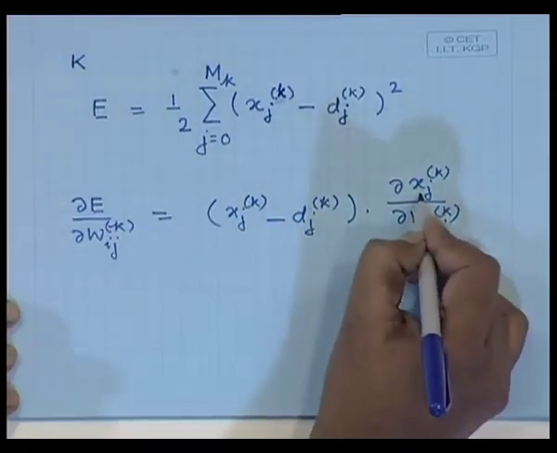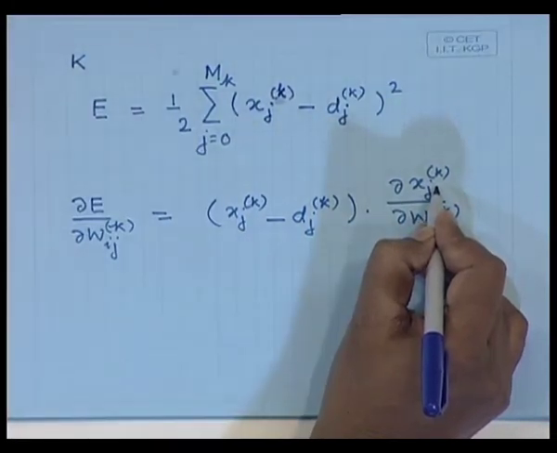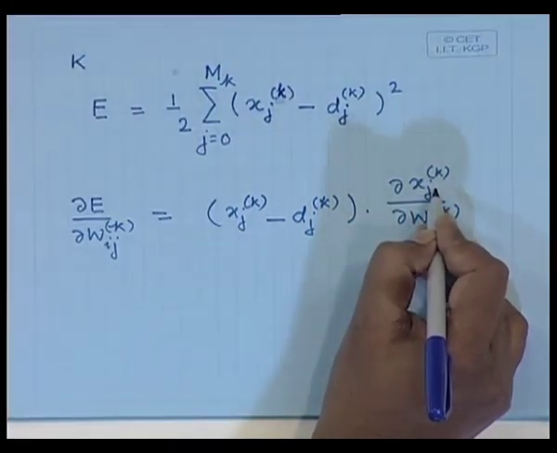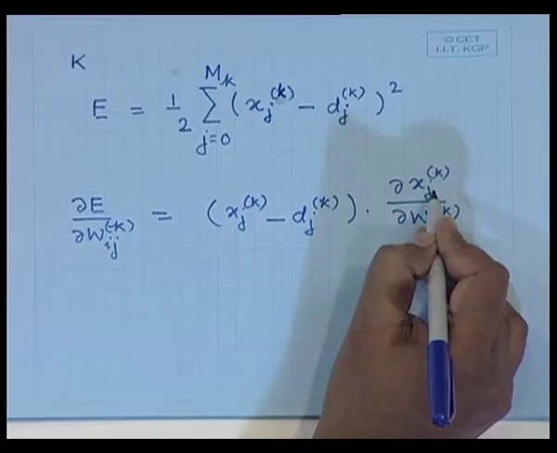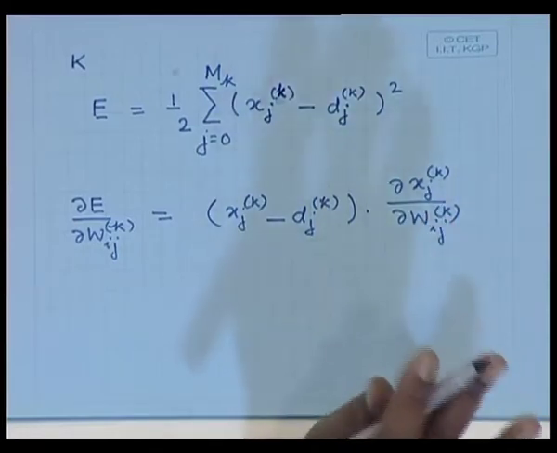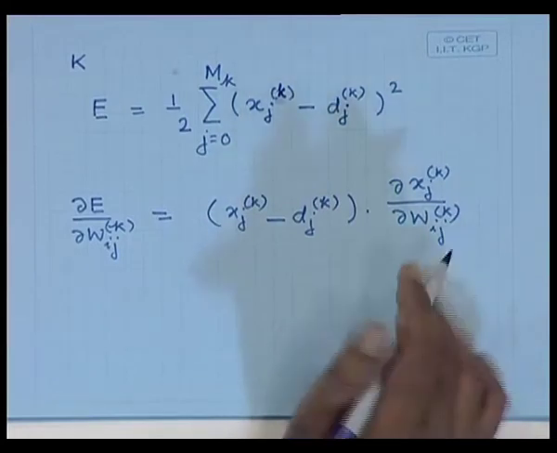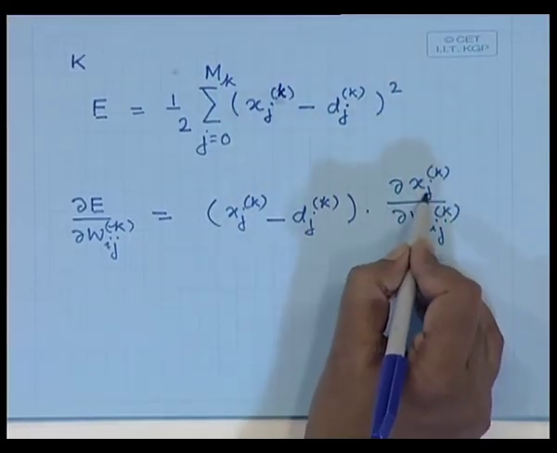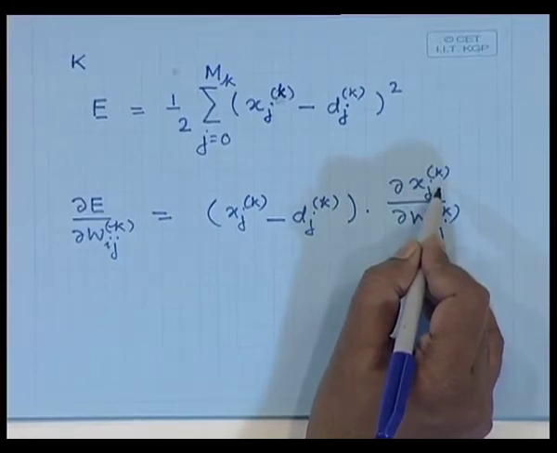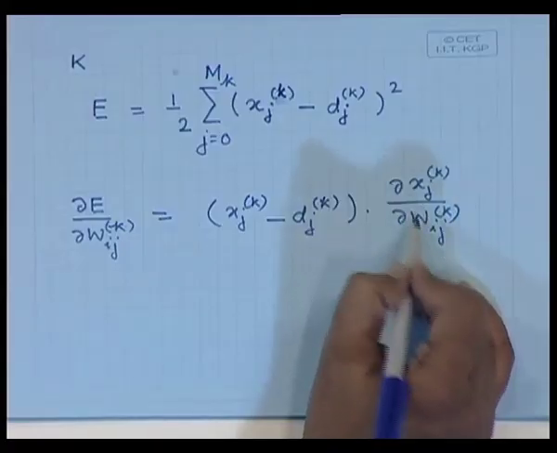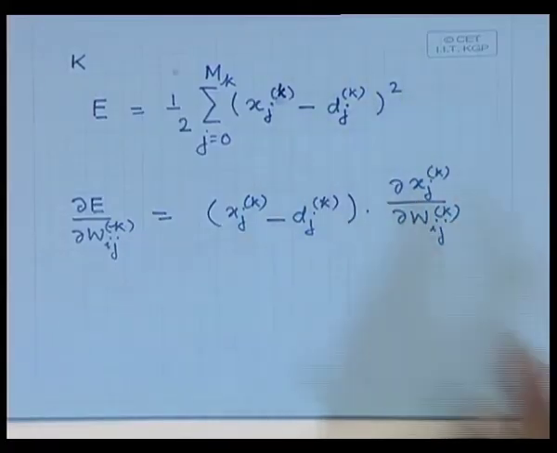The reason is, this x_j^k is again a weighted sum of the outputs from the neurons of the (k minus 1)th layer, and the outputs of the (k minus 1)th layer are weighted by the corresponding w_ij^k. Not only that, this x_j^k is now a nonlinear function of the weighted sum of the outputs of the previous layer neurons.